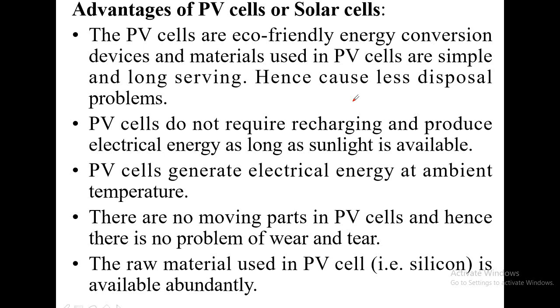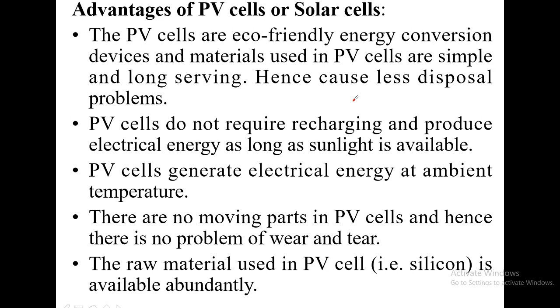PV cells generate electrical energy at ambient temperature. That means at room temperature itself, energy conversion is possible in the case of PV cells. And as there are no moving parts in PV cells, in most of the PV cell construction you have seen, all the parts are immobile and stationary, and hence there is no problem of wear and tear.